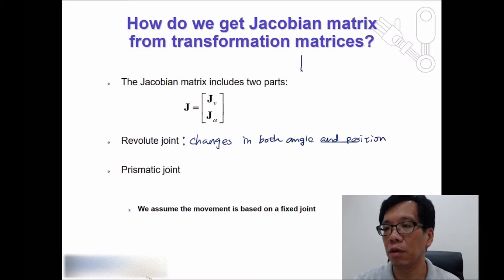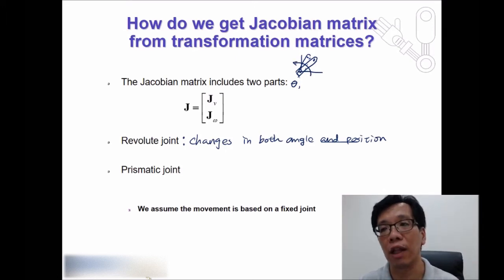Because when we are dealing with this type of joint, when it moves, it changes its position from one end to the other. You might have theta or other angular information change from one position to the other. So when you convert everything into angular velocity, you have angular velocity corresponding to the revolute joints.